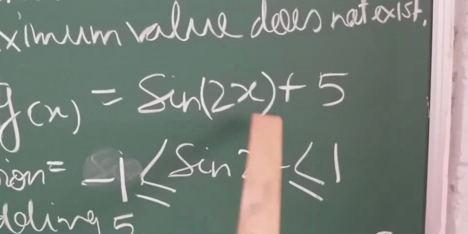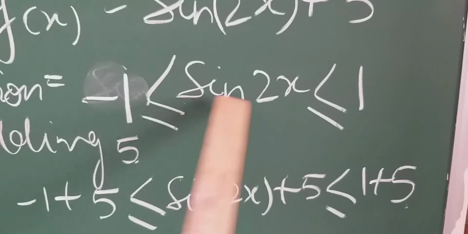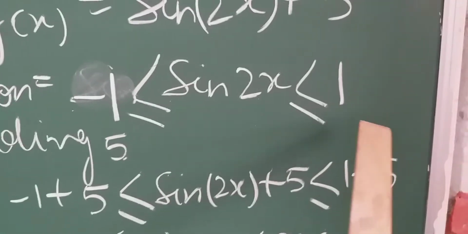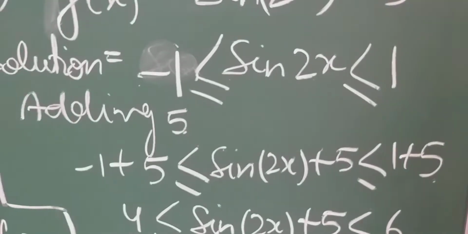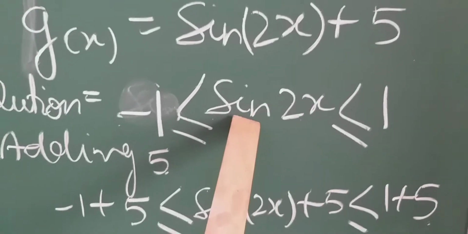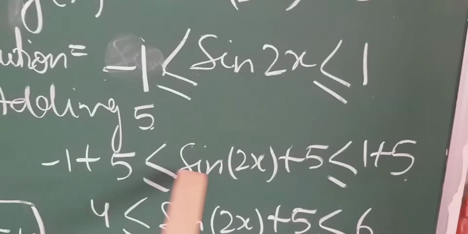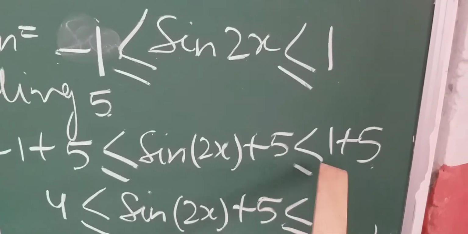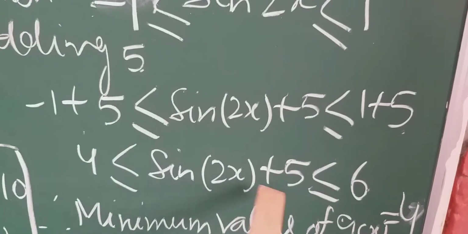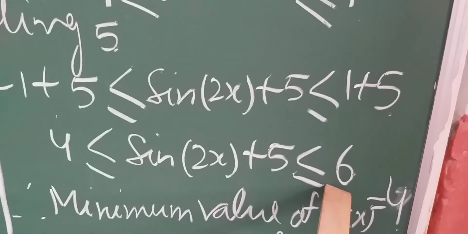g(x) equal to sin 2x + 5. We know that, student, sine function's values always lie between -1 and 1. Correct? So now to make the function, we are going to add 5. So -1 + 5, then sin 2x + 5, then this side 1 + 5. So it is 4, sin 2x + 5, and this side 6.